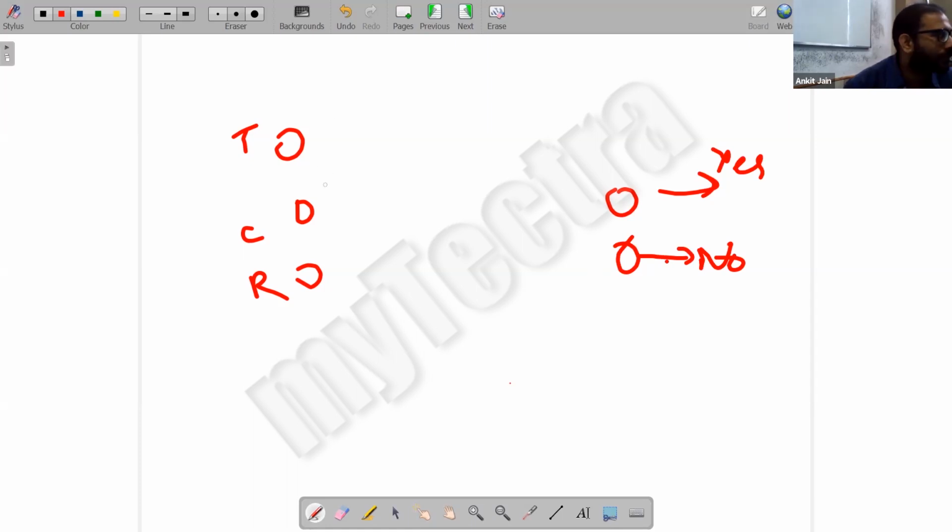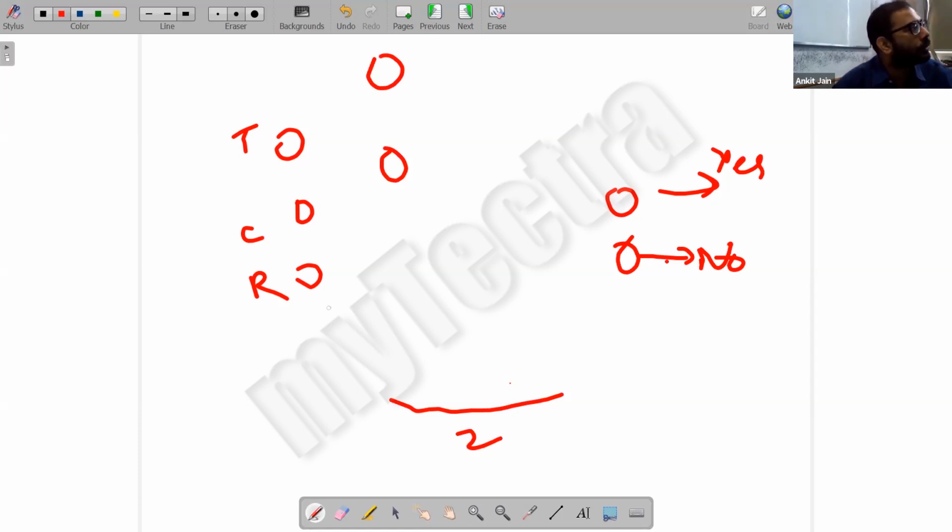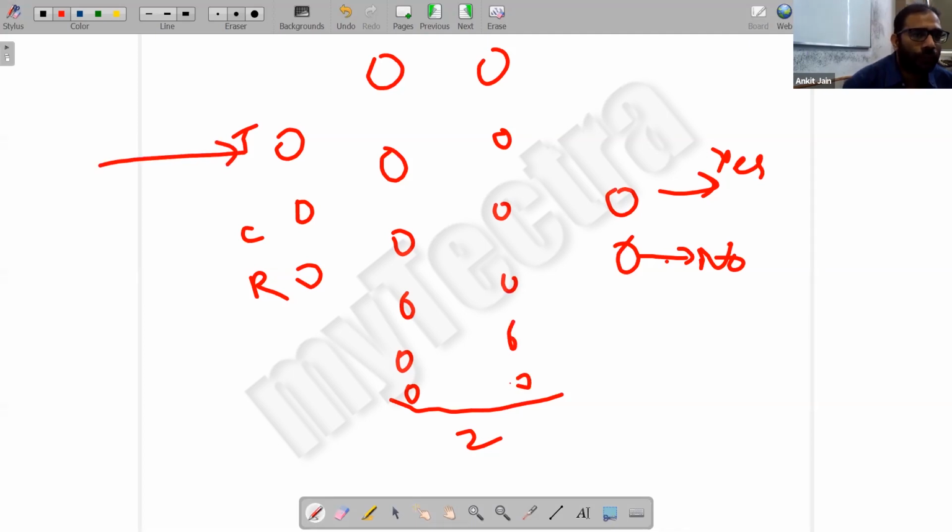Now, I am saying in your brain there are 2 layers, and in each layer I am defining only 50 neurons. How many? 50 neurons. So imagine this as 50, and then a second layer. You are giving information of traffic, conditions and rain.